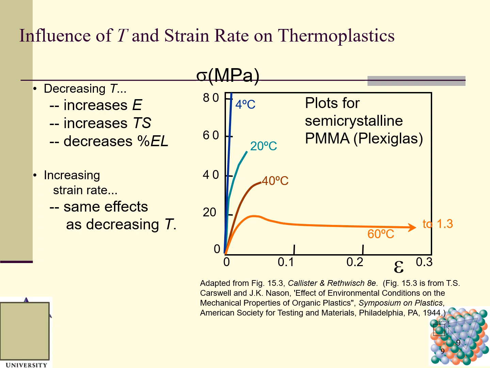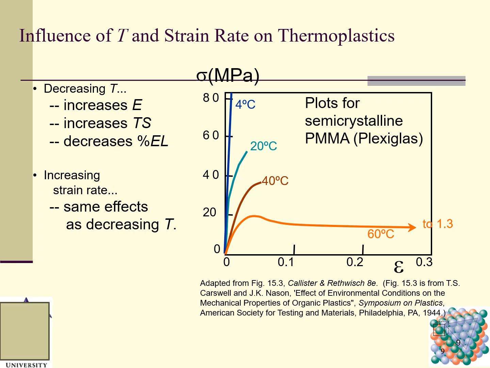and you can use this technique also. If we decrease temperature, we can increase the Young's modulus, increase the tensile strength, and we will decrease the percentage of elongation, which is an indicator of ductility. And we have learned that strength and ductility are two competing properties.